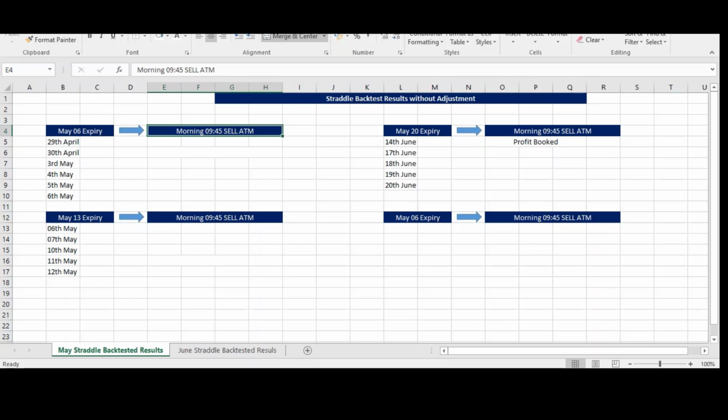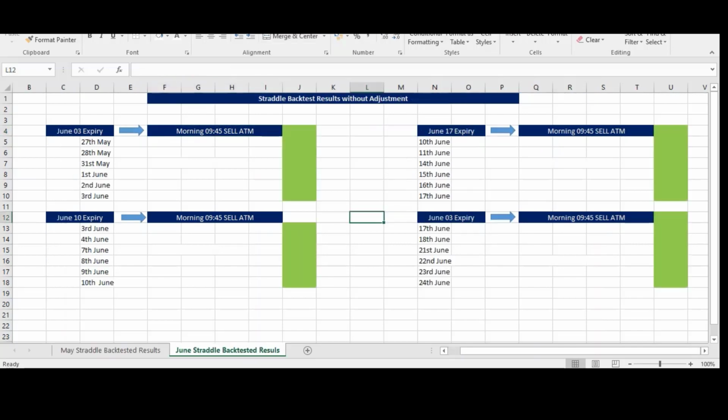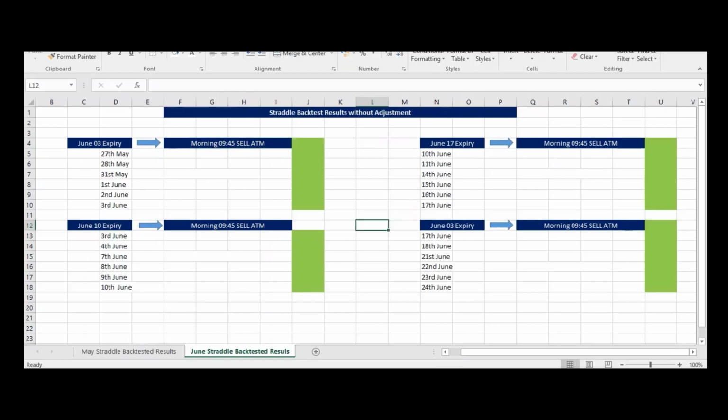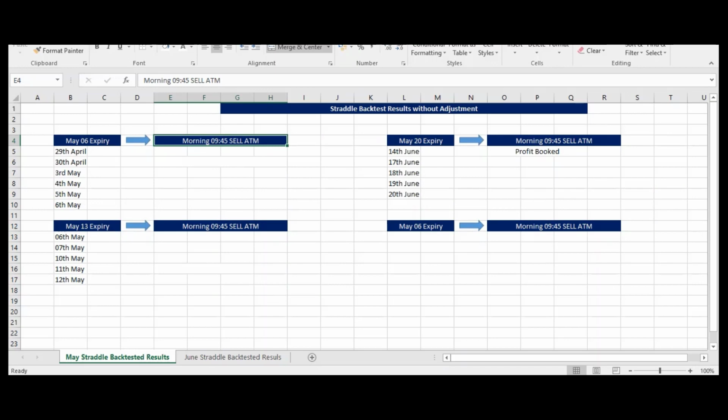In May we have 4 expiries and in June we have 4 expiries. So out of these total expiries, let's see how much profit we made.